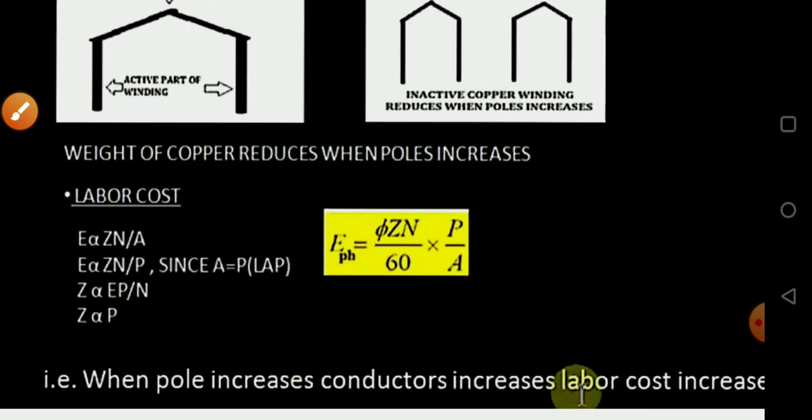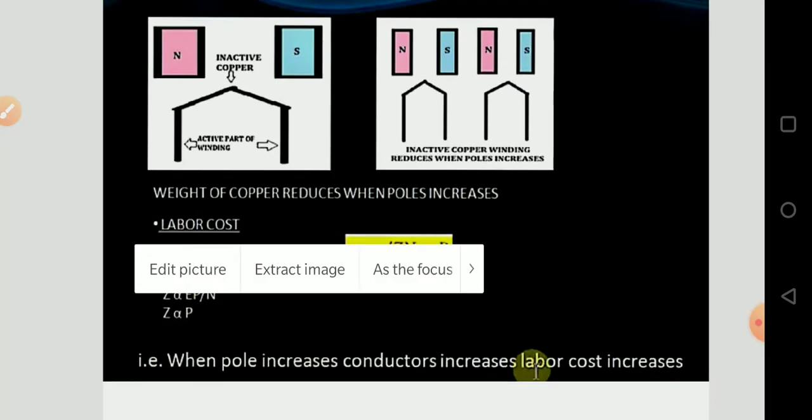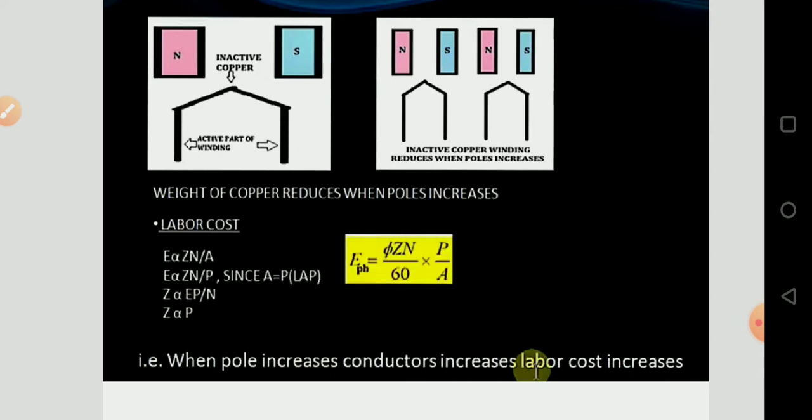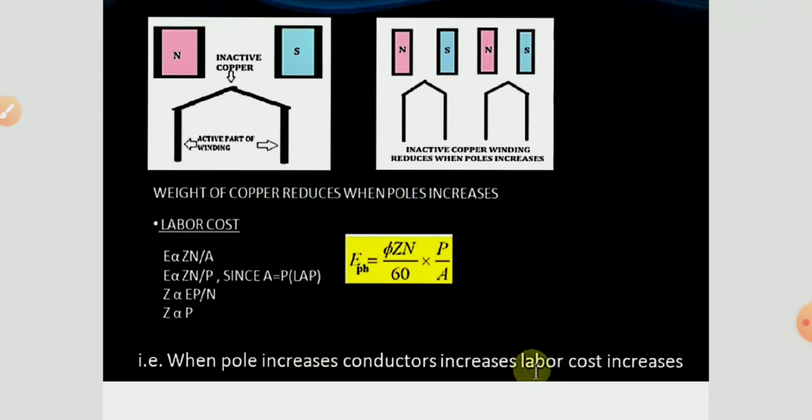When the poles increase, the number of conductors also increases, and the labor cost also increases.